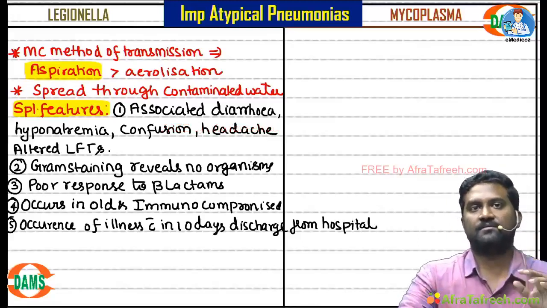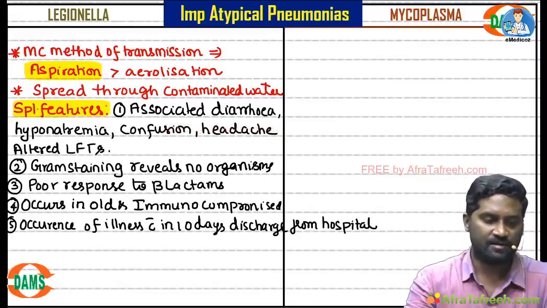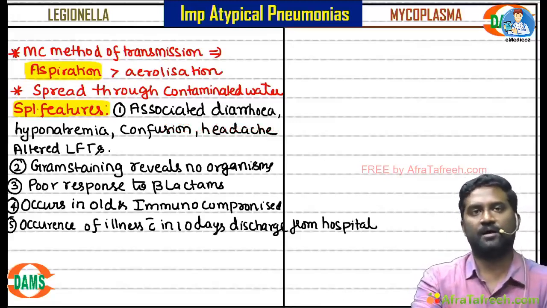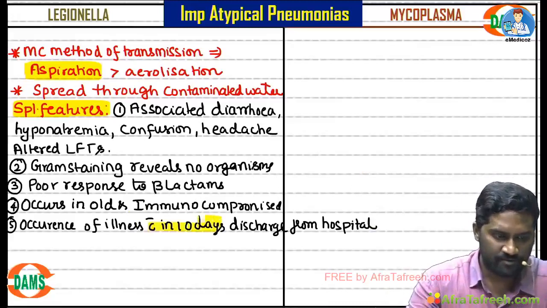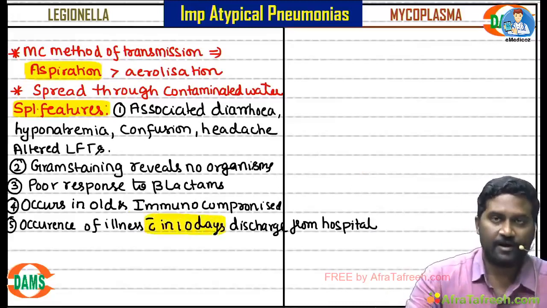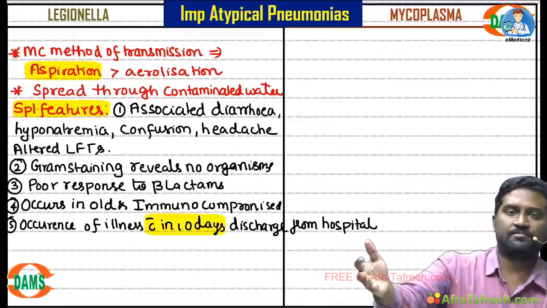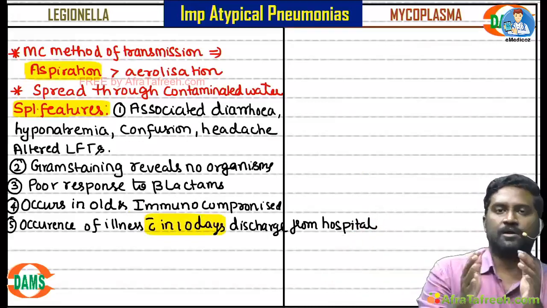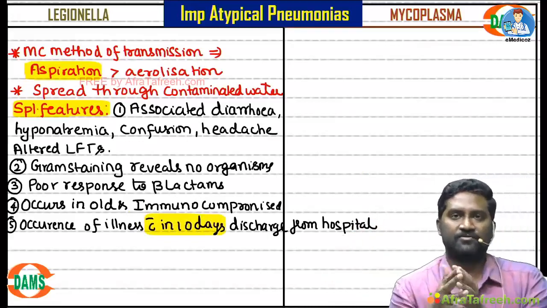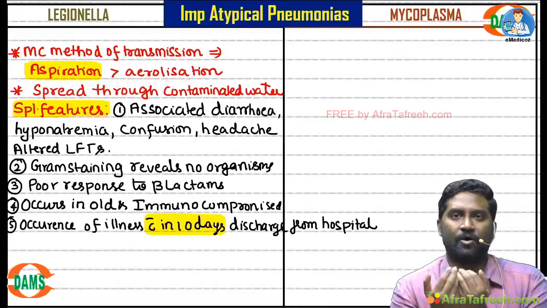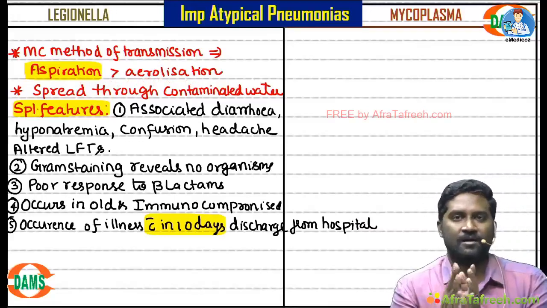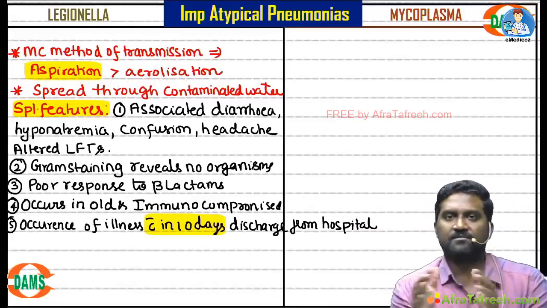Legionella has a prolonged incubation period, 7 to 10 days. Today, a patient might be admitted to hospital because of some other disease. He might have taken the contaminated water and got infected with Legionella. Now, this will not manifest immediately.